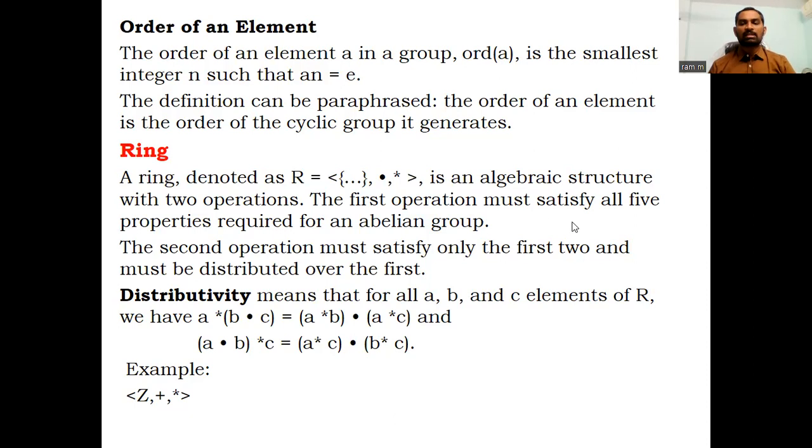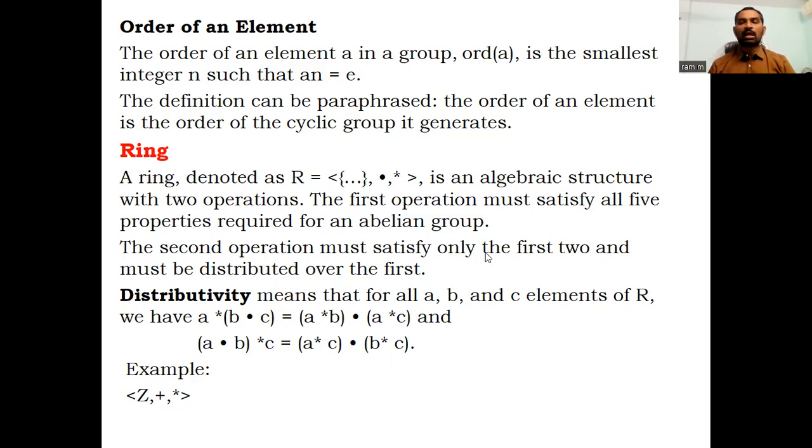The first operation must satisfy all five properties required for an abelian group: closure, associativity, existence of an identity element, existence of an inverse element, and commutativity.